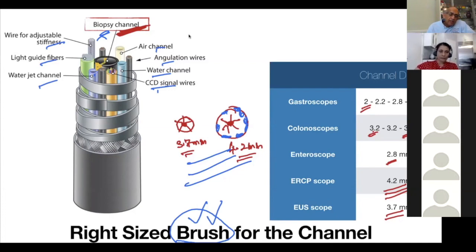What's going to happen is the contents are going to come out and contaminate the scope, and that area that is contaminated outside the channel, even if the next person tries to do a good cleaning, is not going to get rid of the bugs that have come to the outside of the channel. And that scope will be a source of infection for a lot of patients. So leak test is really critical from this concept point of view. If you don't do the leak test, another costly thing is you can destroy the fibers and it could be a very costly repair. So these two concepts are very important to keep in mind.